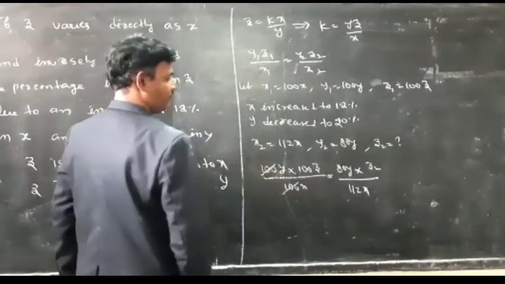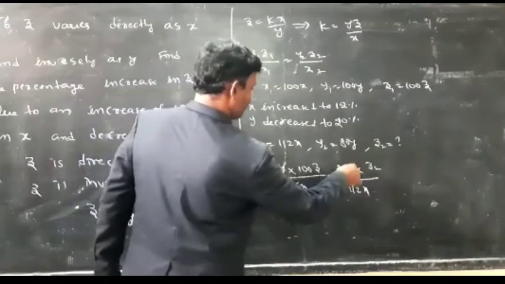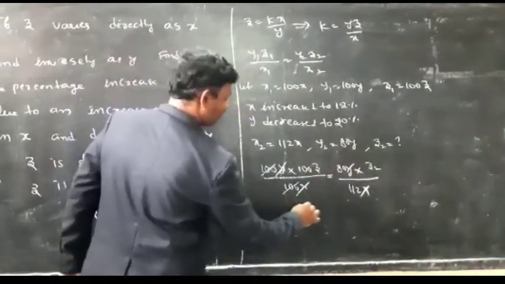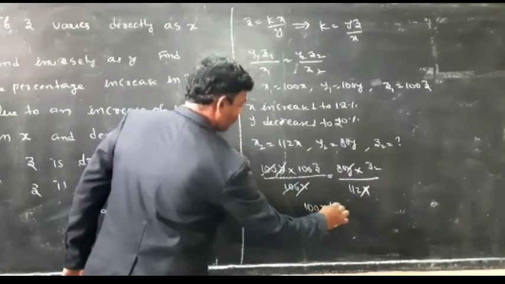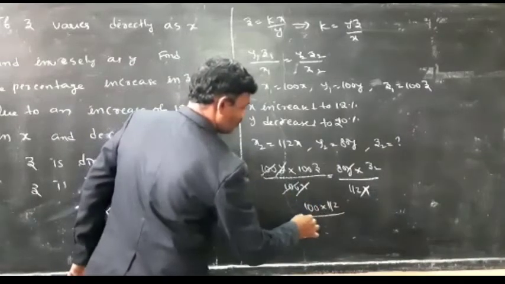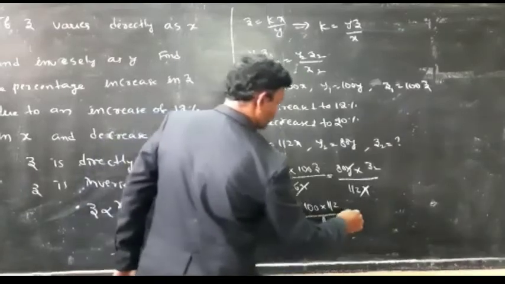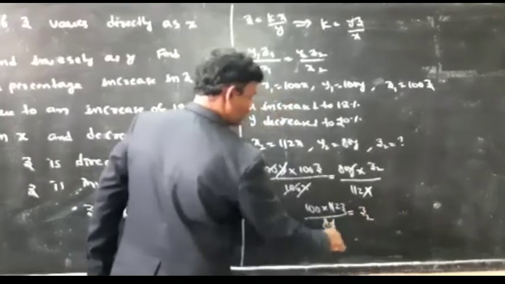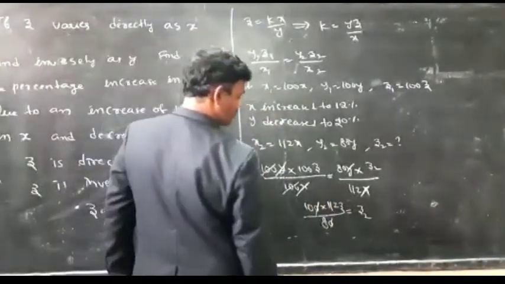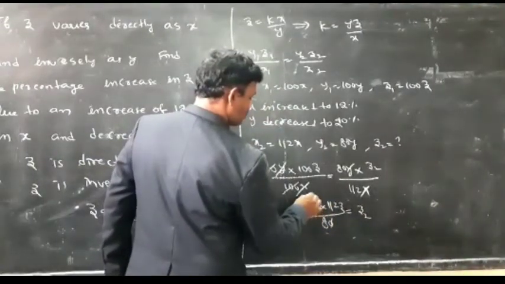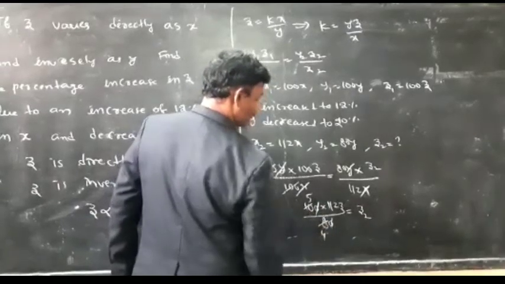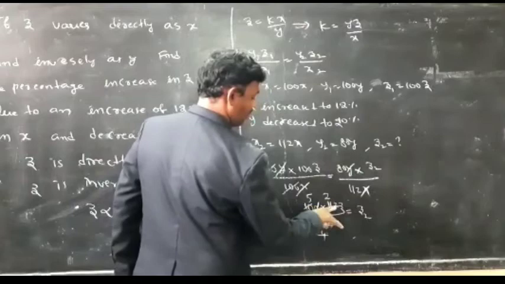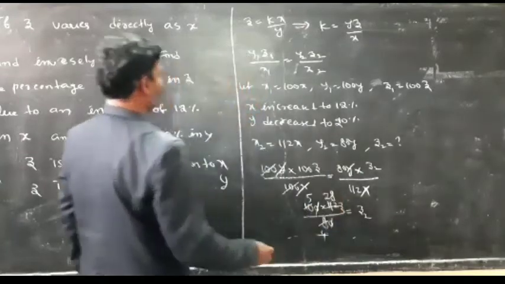100 cancel, y and y also cancel, x and x also cancel. Then what is the remaining? 100 into 112 by 80 is z2. Zero cancel. Still any cancellations? 2 fives are 10, 2 fours are 8, remaining 32, 4 eights are 32.